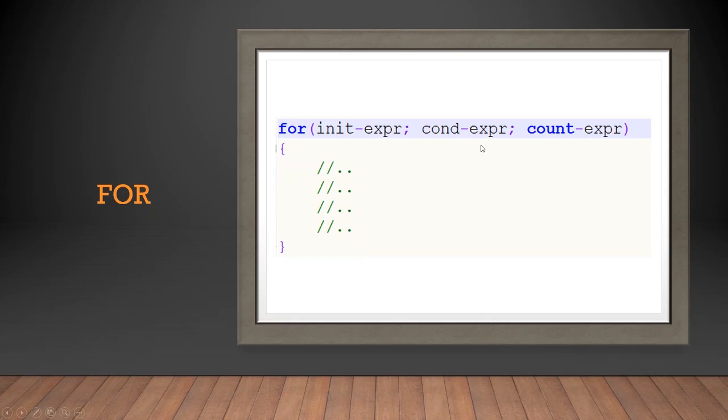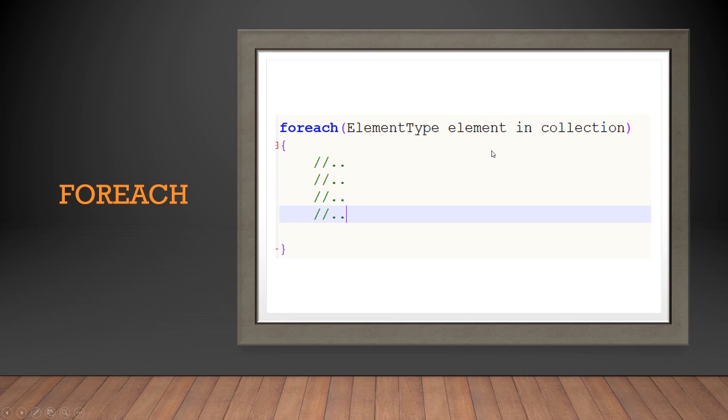This loop executes as long as the given condition expression is true. For each loop. A for each loop is used to iterate through a collection of elements. So here we have element type, element in collection. Again, we'll see an example of a for each loop while we do the projects.